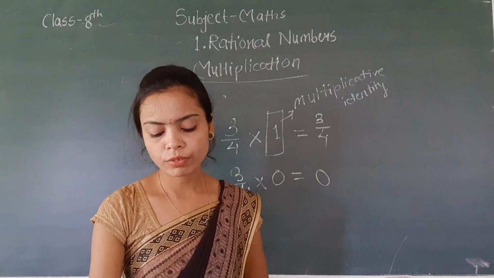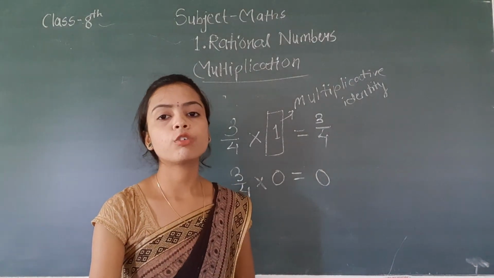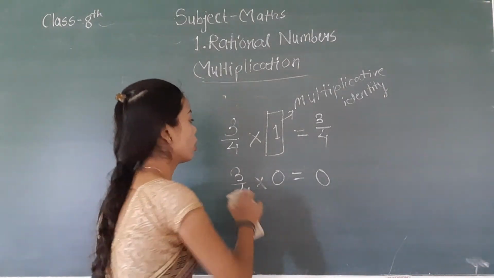Okay, now after that there is the sixth property, that is multiplicative inverse. Multiplicative inverse is nothing but the reciprocal of a rational number.